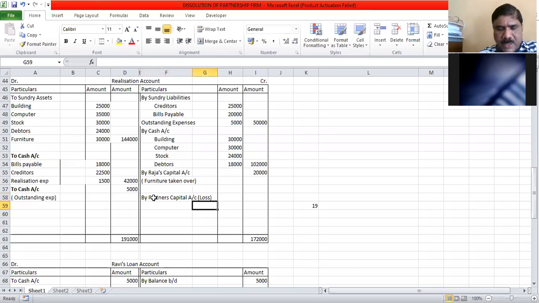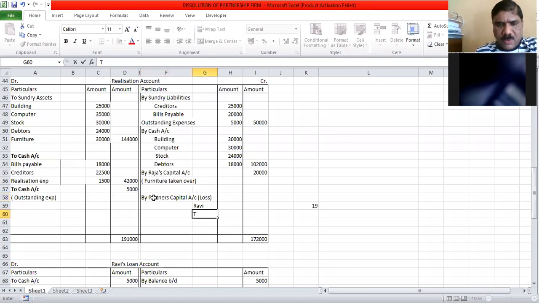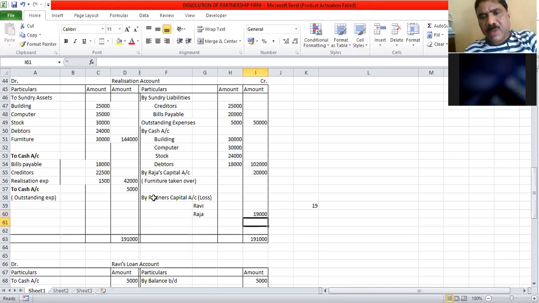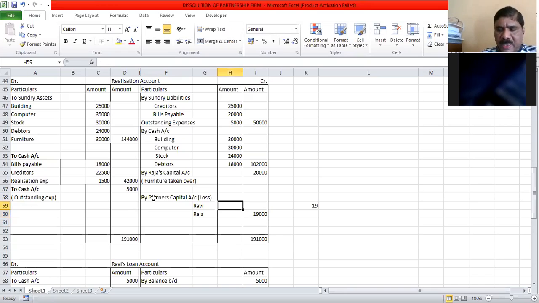Who are the two partners? Ravi and Raja. So the total loss is 19,000 and no PSR is given. Then what do we do? Equally, 9,500 and 9,500. Hope you are clear?